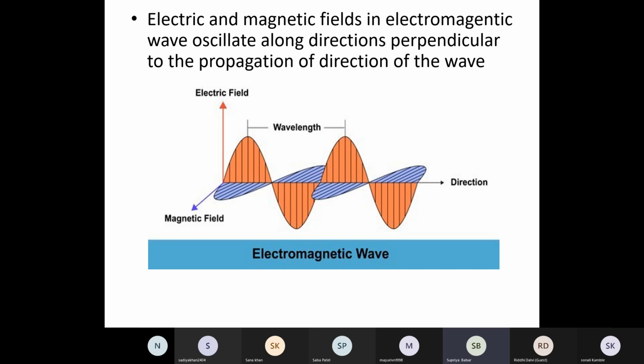The electric field goes above and below, and the magnetic field is horizontal to it, also perpendicular to the direction of propagation.